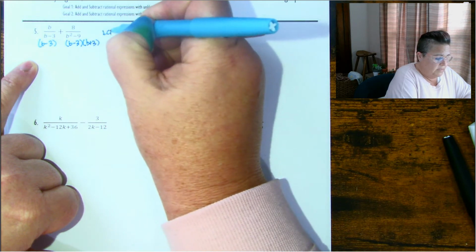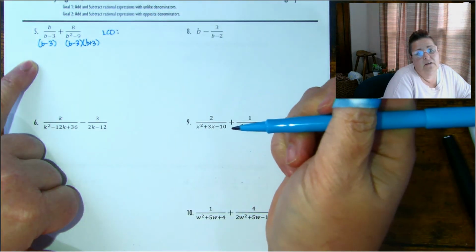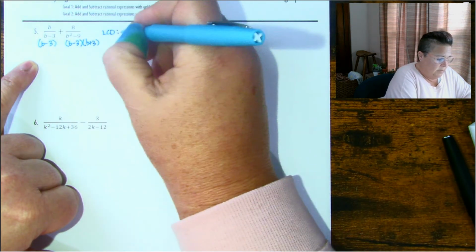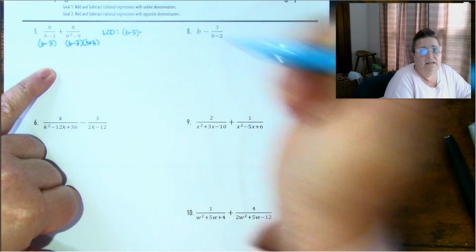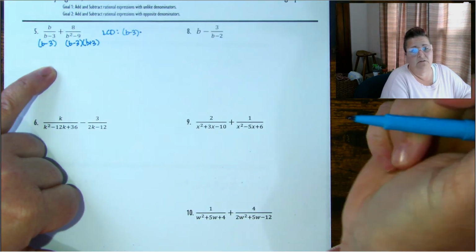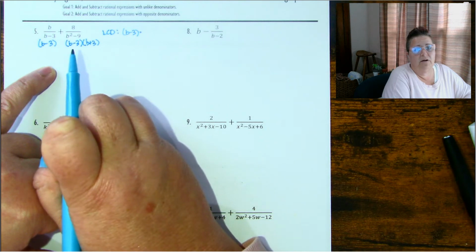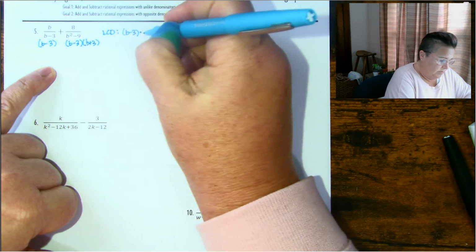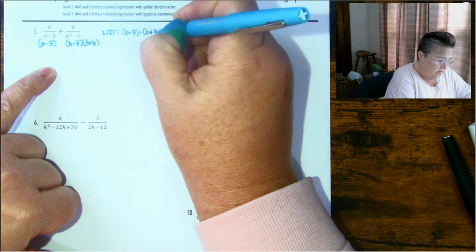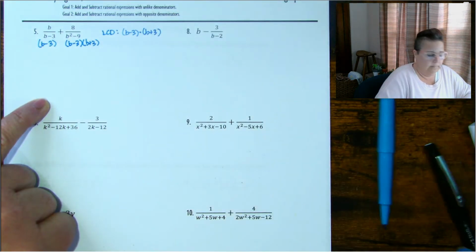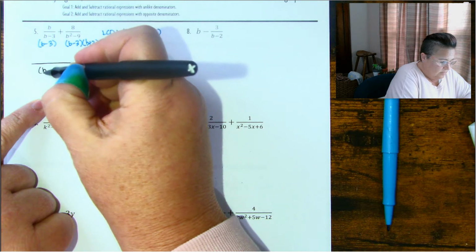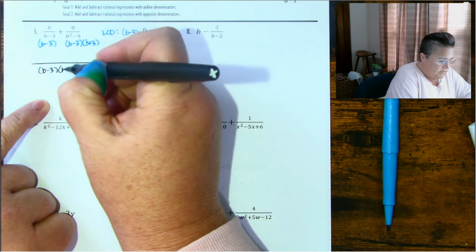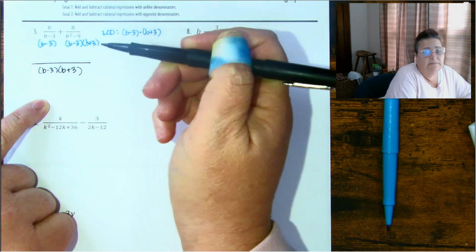That means my lowest common denominator is everything in the first denominator, that's the b minus 3, multiplied by anything we missed. The second denominator already has the b minus 3, so I need to multiply by the b plus 3. b minus 3, b plus 3 is my common denominator.